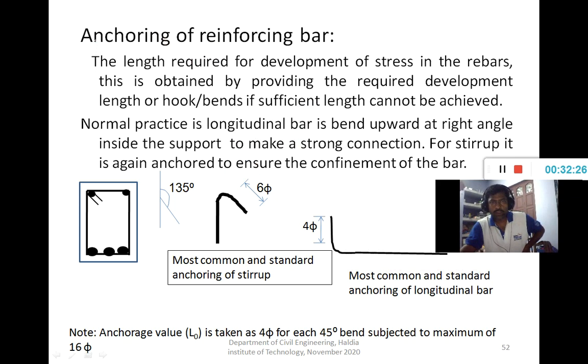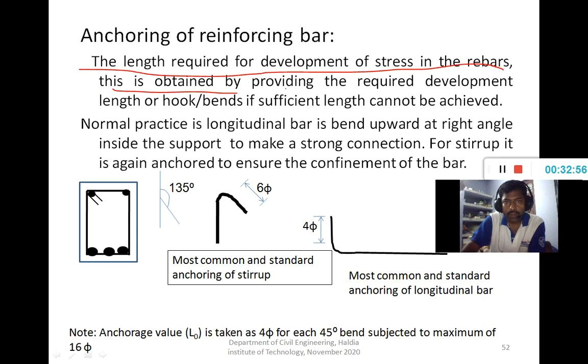If it is anchored with the support properly, then the structure is safe. So what is the definition of anchoring? It is the length required for development of stress in the reinforcement.